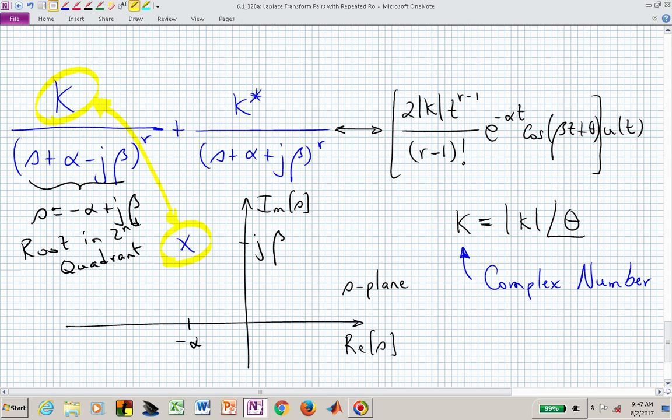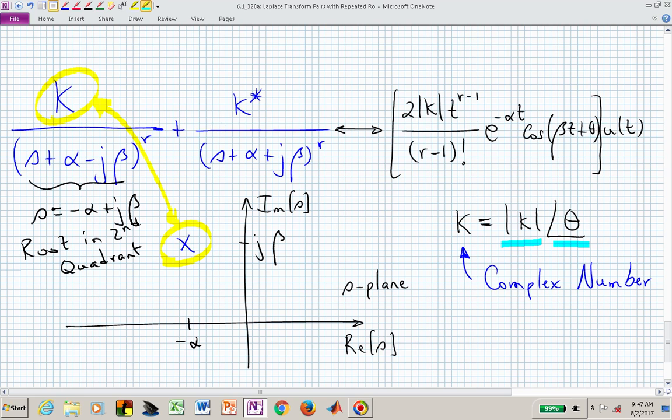But now, once we found k, then we can inverse Laplace transform that using the formula on the right, which is 2 times the magnitude of that complex number k. Remember, k is a complex number. We're then writing it in polar form, where k now has a magnitude and an angle that we're calling theta.